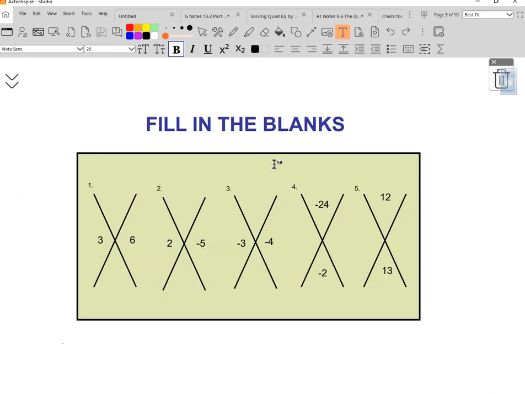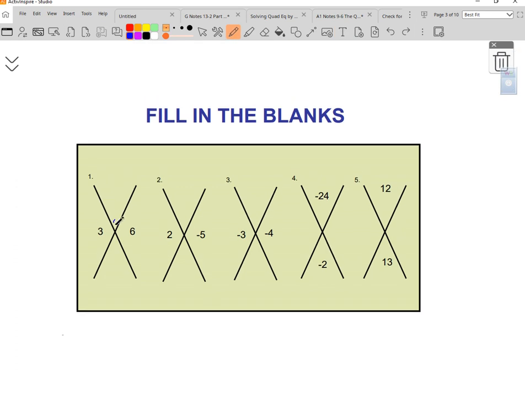So we're going to do this one together. I know that you guys don't have this on your notes, but just as a little recap, what's going to go in the top and bottom spot of number 1? Say it again, Mason? Yes, so we're going to multiply these to get 18. We're going to add them together to get 9. What's going to go in the top and bottom here, Grace?